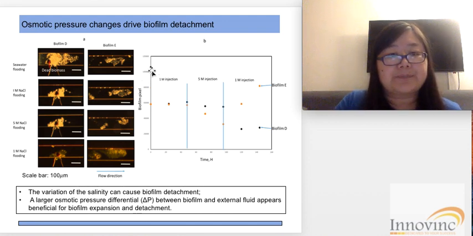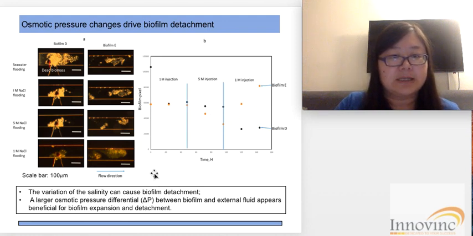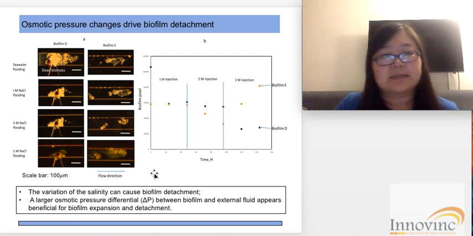So biofilm E actually confirmed our result from the first experiment, which is expansion at lower salinity, and shrinkage at higher salinity.